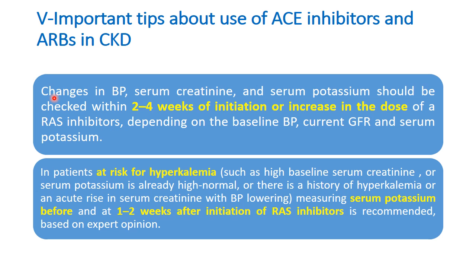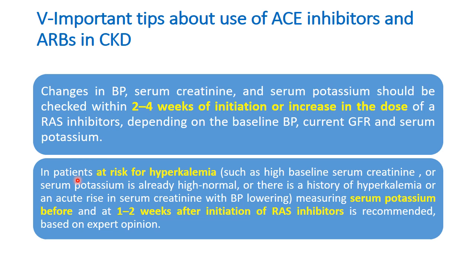A change in blood pressure, serum creatinine, and serum potassium should be checked within 2 to 4 weeks of initiation, or increase in the dose of the RAS inhibitors, depending on the baseline blood pressure, current GFR, and serum potassium.